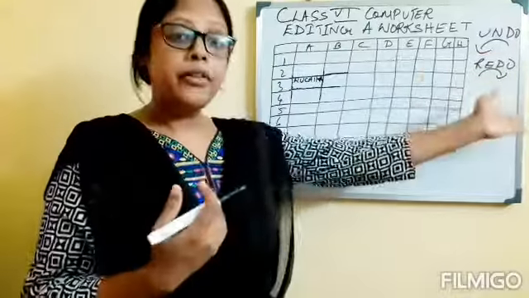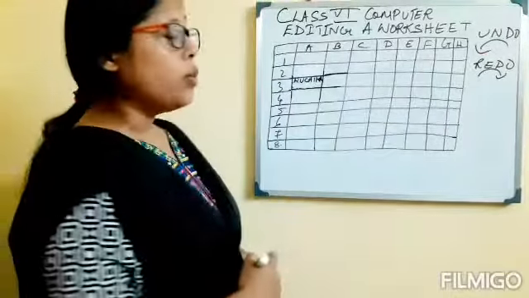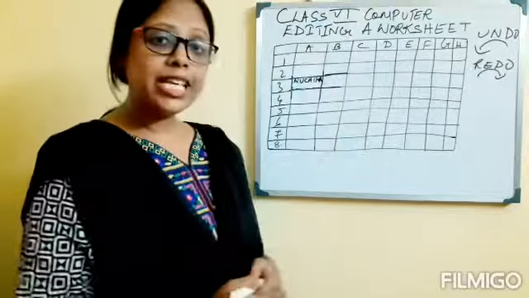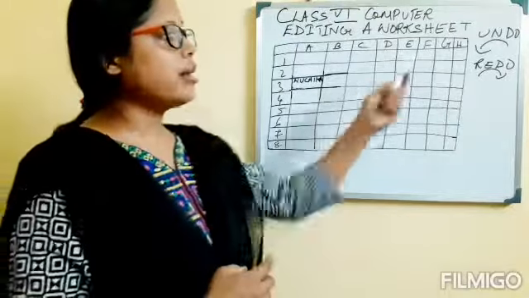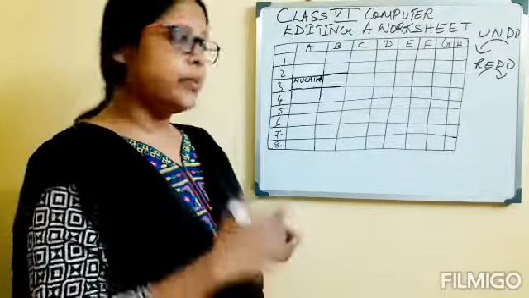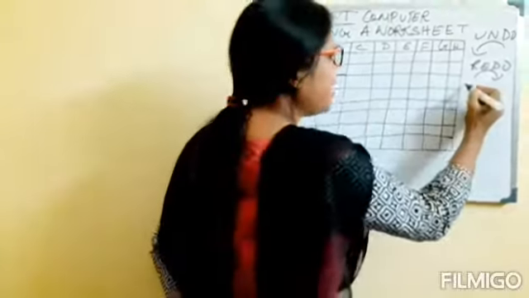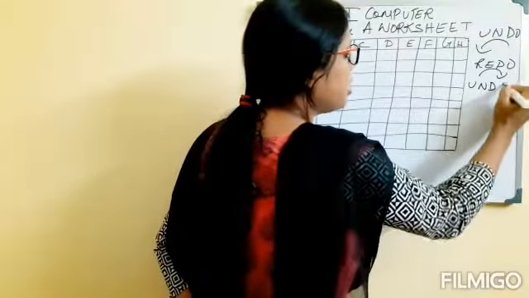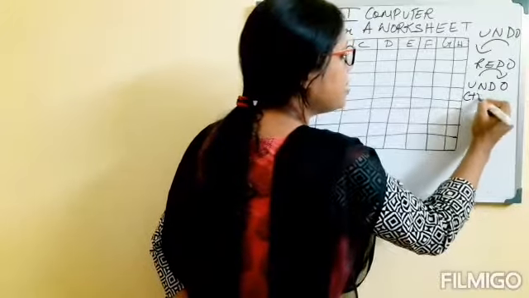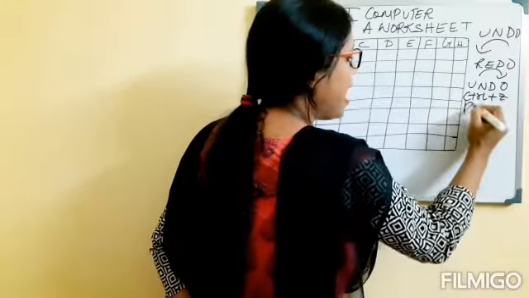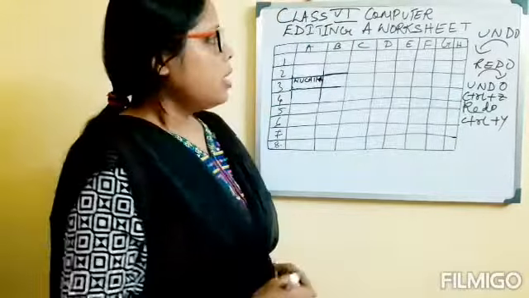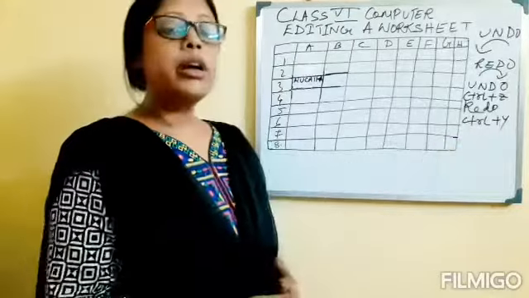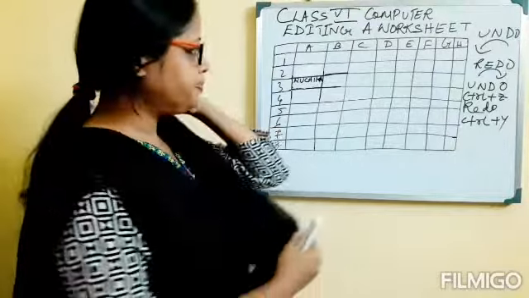Now, what are the shortcut keys for undo and redo? From your keyboard, the shortcut key for undo is Ctrl plus Z, and for redo it is Ctrl plus Y.